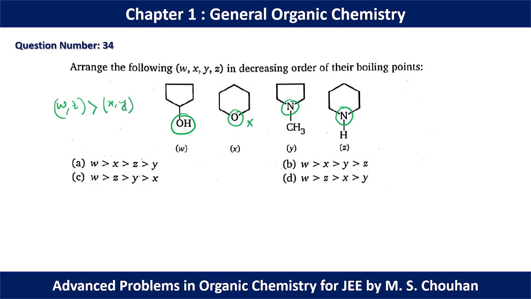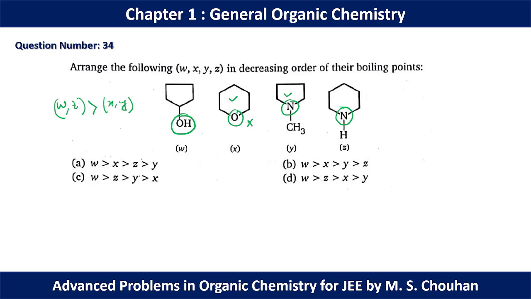Now we can compare like this. In this case we have a 6-member ring, in this case we have a 5-member ring. So between X and Y, X should have the higher boiling point due to the larger ring.